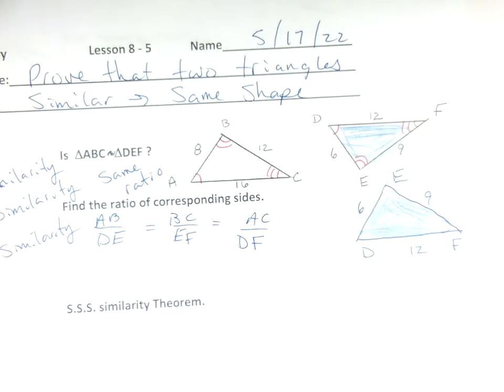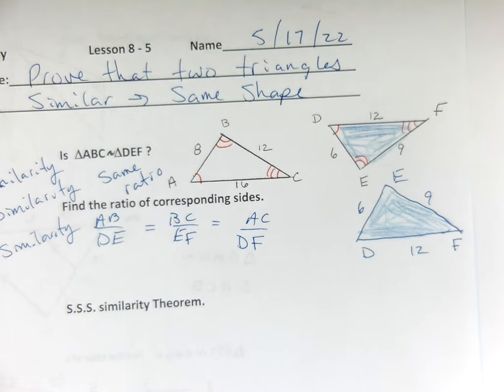And all I'm doing is this. In symbols, I'm saying this side goes to this side, as this side goes to this side, as this side goes to this side, okay? In symbols, that's all I'm doing.